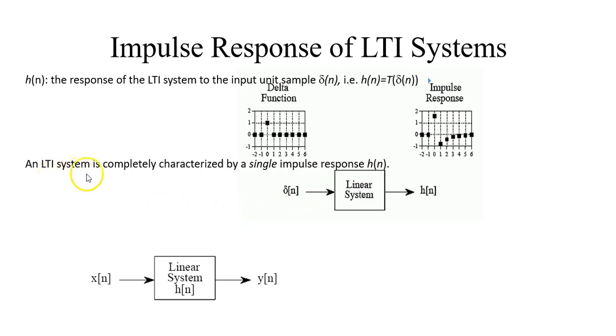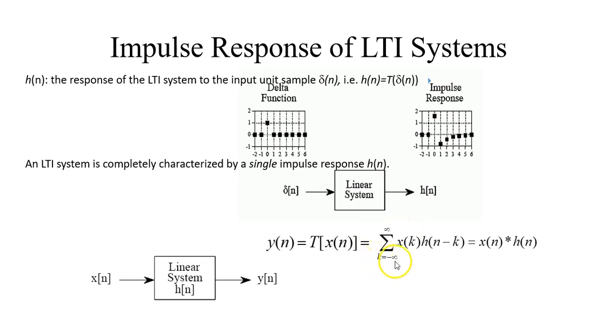So an LTI system is completely characterized by a single impulse response h of n, which is basically based on the delta function. If I have x of n with a linear system, and this is the impulse response of the system, I will have y of n. So y of n is the result of transformation of the input based on the linear time invariant system. This is the general equation, as you see, sum from k equals minus infinity to infinity.